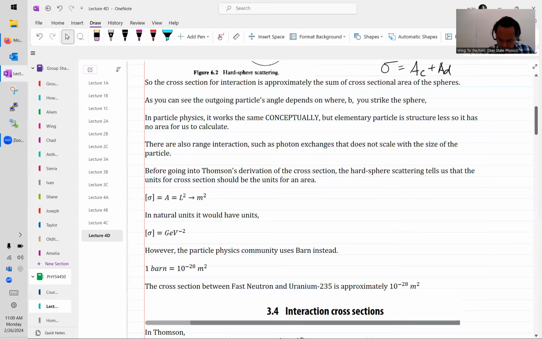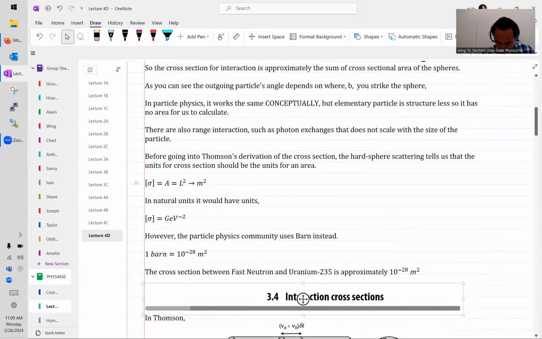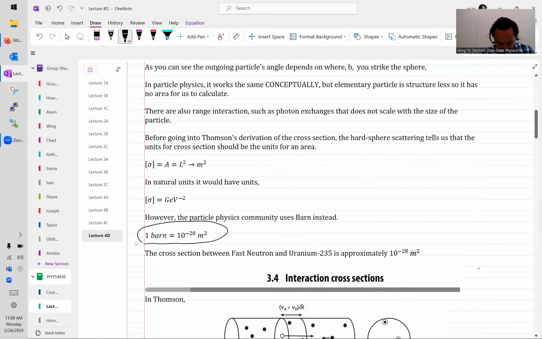We won't rehash all the discussion about unit conversion, but just note that in particle physics, it is generally used this weird unit of barn, which is 10 to the negative 28 square meters, as opposed to the natural units, which will be inverse GeV squared. So whenever you have to convert your calculations from this textbook, from this class, you will get your answer in inverse GeV squared.